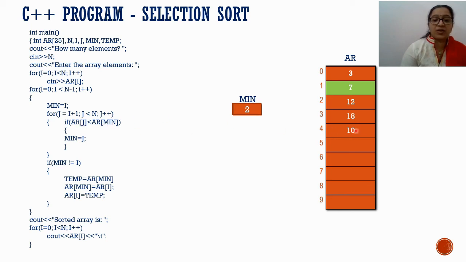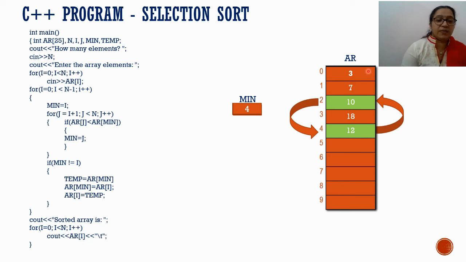Now AR of 4 is the smallest one, so we want to exchange the values. Now min is 4. Now we are changing. See? Now in the next pass we got the elements as 3, 7, 10, 18 and 12.